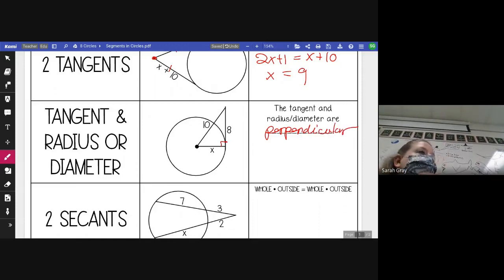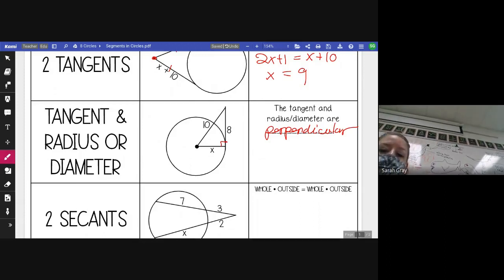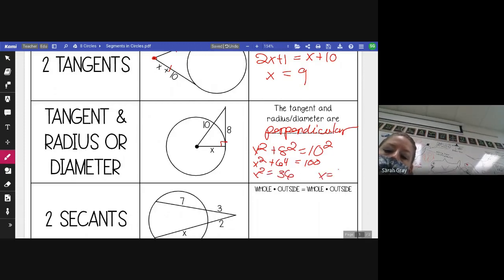When a tangent and a radius meet at the same point, they are perpendicular to each other. So to solve a problem like this one, you would use the Pythagorean theorem. You work that out and you'll get x equals 6.